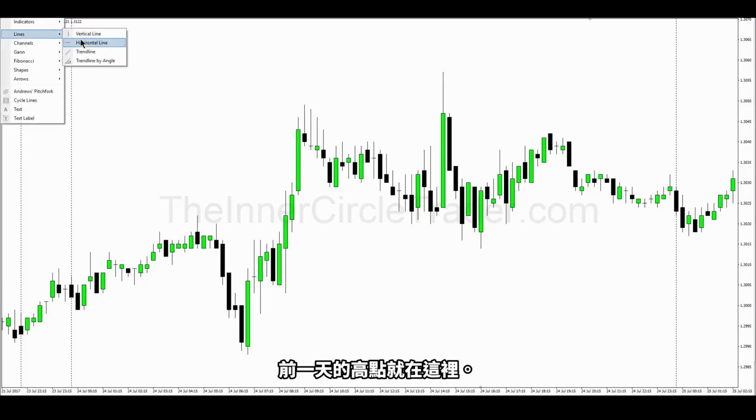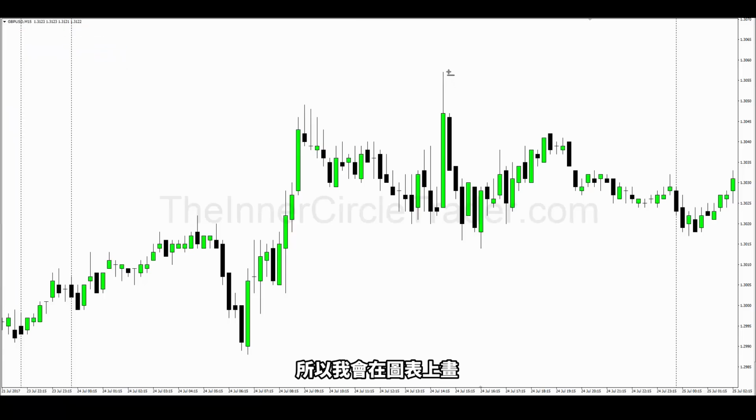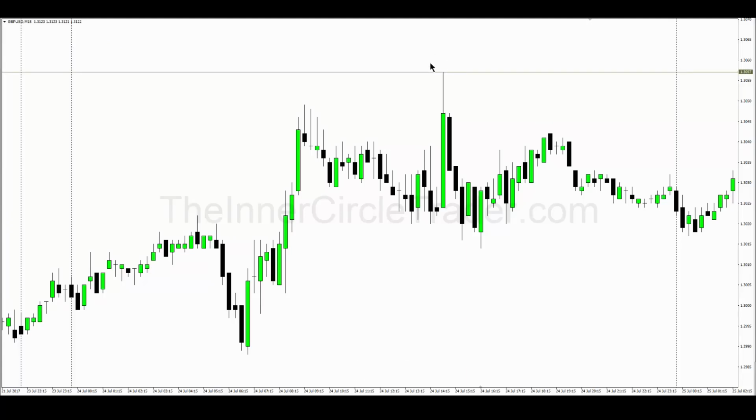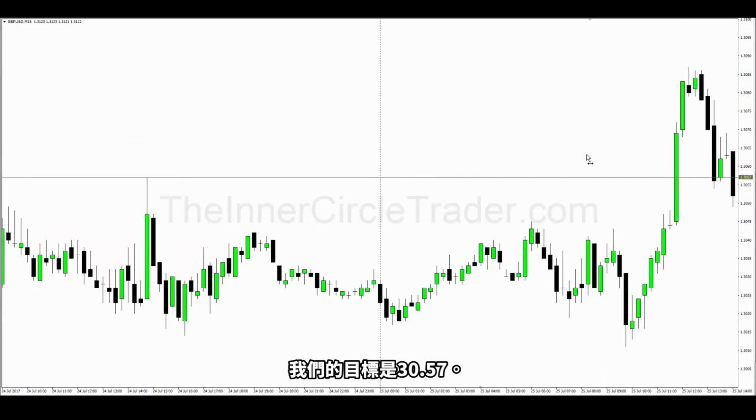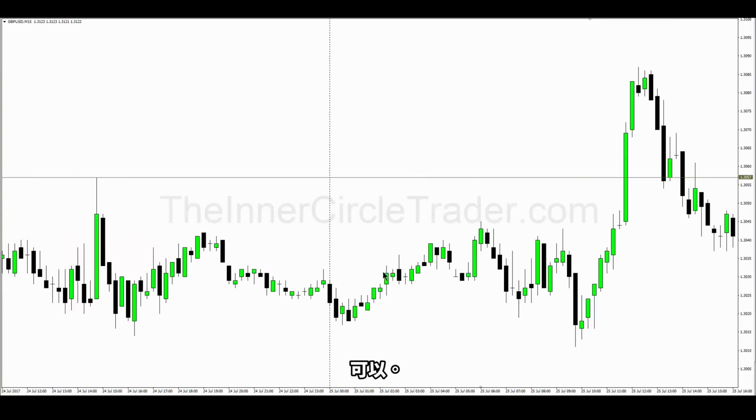So I'll put a horizontal line on the chart to facilitate that. Okay, so here's where the liquidity is. We're running for 30.57. Okay, this day here, we're looking for a scenario to get long to run that liquidity pool.